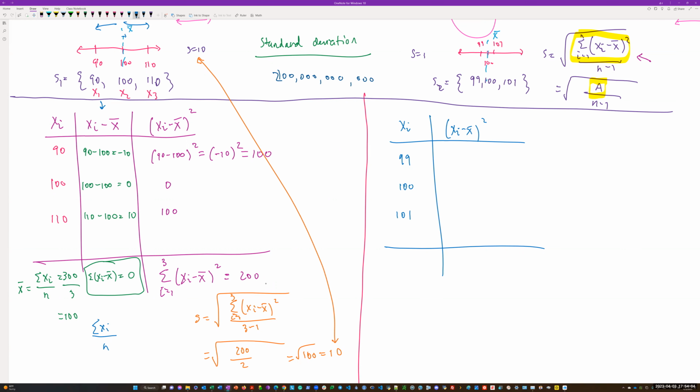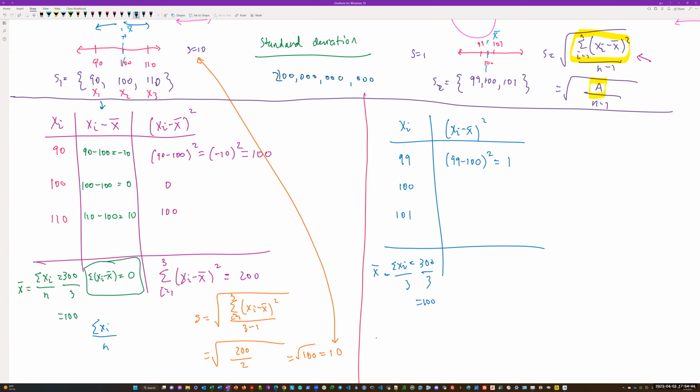All right, so now what are we going to get? What do I do first here? Well, we know it's 100, but first we should get 100. So the sum of the x's is what? 300. So x bar is 100. But then squared. Does that make sense? All right, so what is that? 1 is correct.